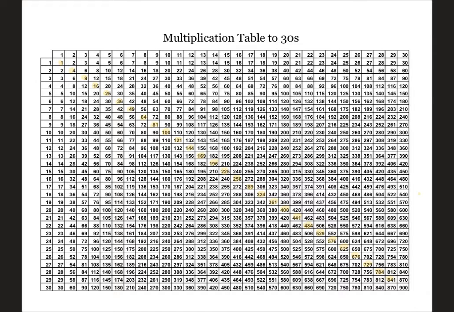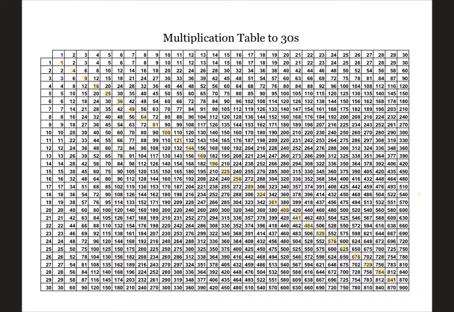Now, this isn't all inclusive, just because obviously it only goes up to 30 by 30, but it would hit on any that fall within this. Multiples, obviously, it has all of the multiples.